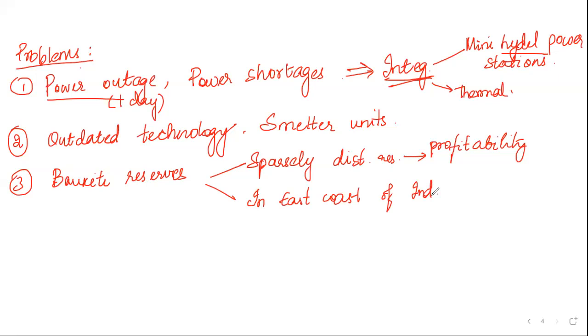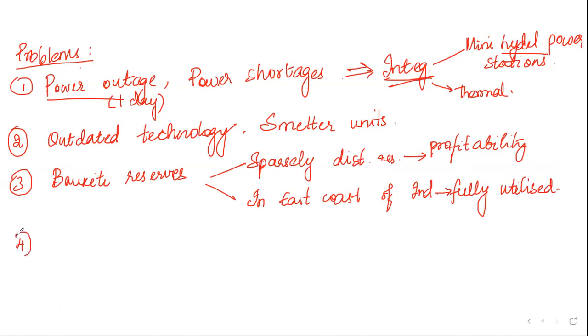So one thing is, the resource itself is not concentrated in a commercially viable quantity. The second thing is, in regions where it is actually present, it is either inaccessible or companies are not willing to exploit those resources. So this region's resource has not been fully utilized.